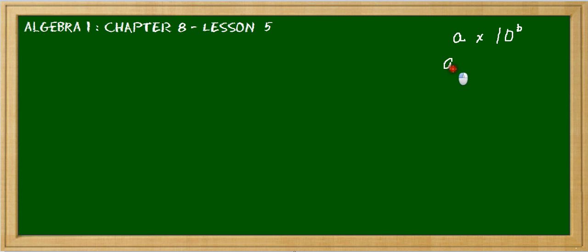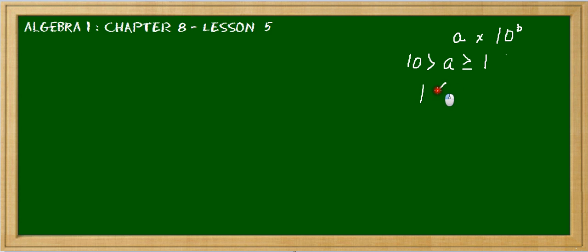So how could we express that? Well, a is greater than or equal to 1, but it is also less than 10. Actually, we could write this another way. I can flip it the other way and put 1 here.